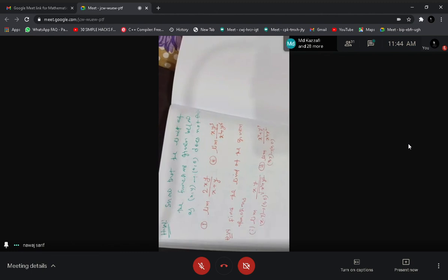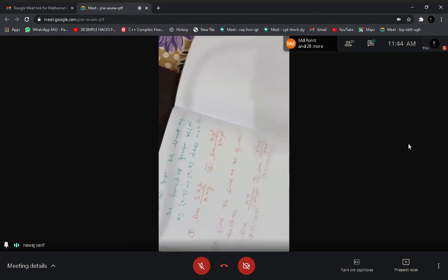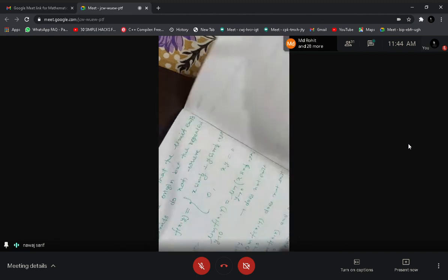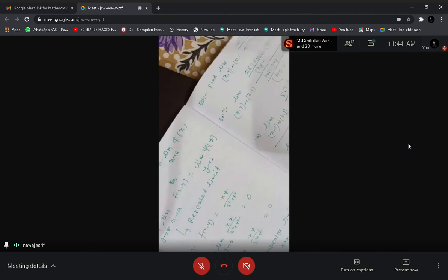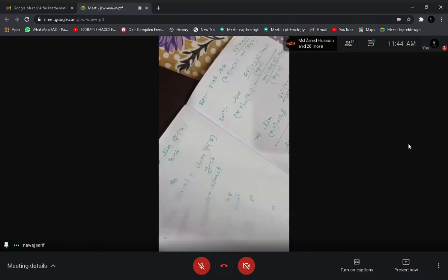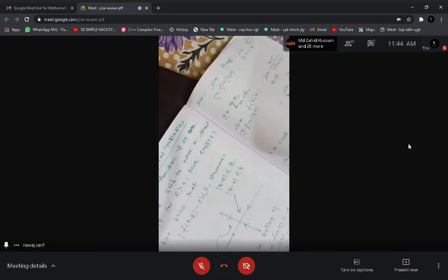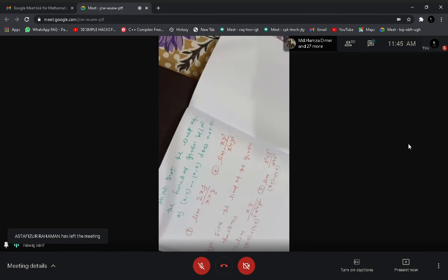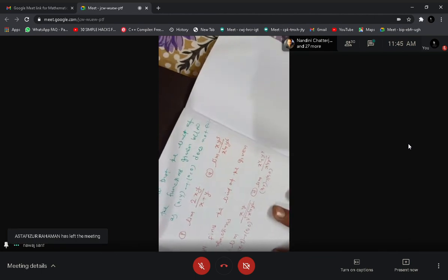Then we'll introduce another kind of partial derivative, higher order partial derivatives. So up to this one, we'll try it next time. So try to solve this problem and just revise the theory. If you have any doubt, then you can ask.